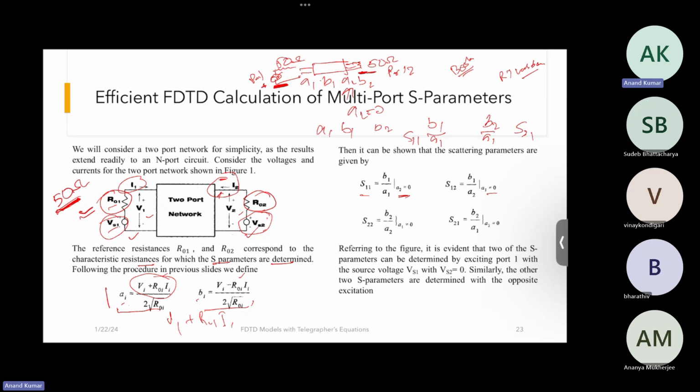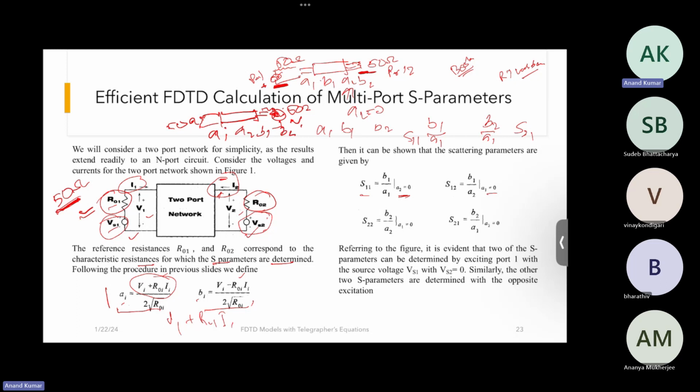So if you put excitation at port 1 and just terminate with the load at port 2, you will get S11 and S21. And then in the other case, what you do is put excitation at port 2 with some 50 ohm impedance for the excitation, and terminate port 1 with 50 ohm. You will calculate A1, A2, B1, and B2.